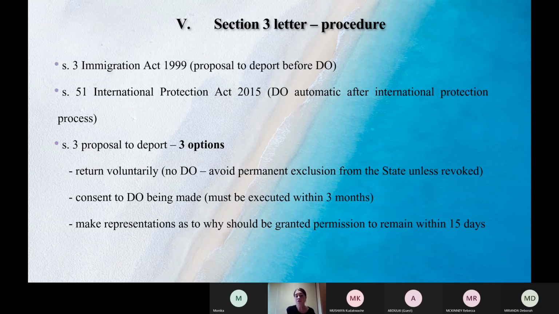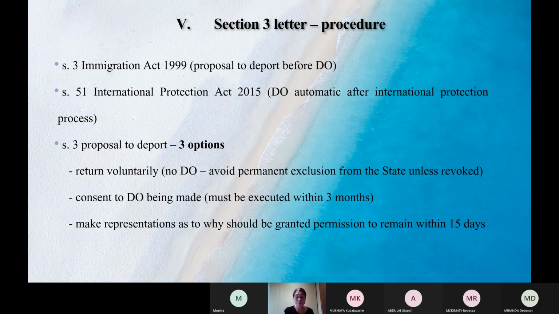One advantage of that option is that the deportation order must be executed within 3 months, and if it isn't, then it expires. So I suppose that's a game of poker there. If you're chancing that the state won't be able to return you, say during COVID, they might not have been able to return you during 3 months. That might have been an ideal situation to chance that.